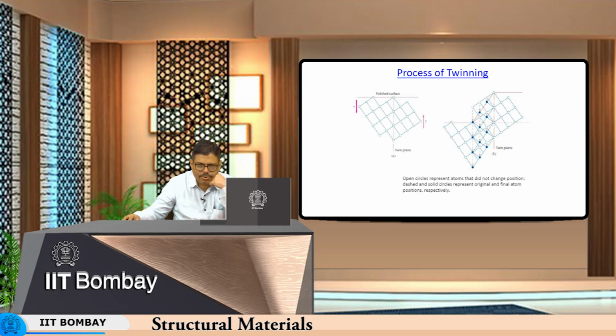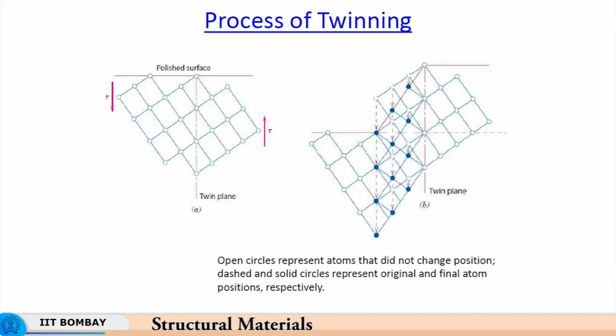These have changed position to this, and so you have a new position where this is one twin plane, and this is another one, because this and this are symmetric, or mirror images, with respect to this plane. So this is a twin plane, and so is this. So here is the twin plane. You have this crystal twinning about 2 twin planes.